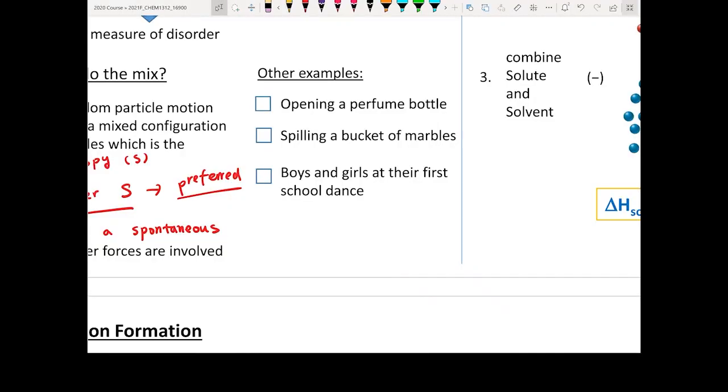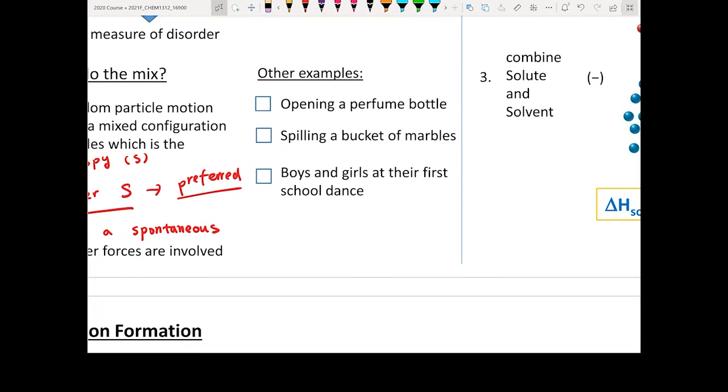How about the third example? If today you have boys and girls at their first school dance, will they mix well? They won't, right? Why? Because there are some extra interactions between them. So remember when I said the mixing is spontaneous, that's a prerequisite: that means there's no interaction between molecules in the beginning.